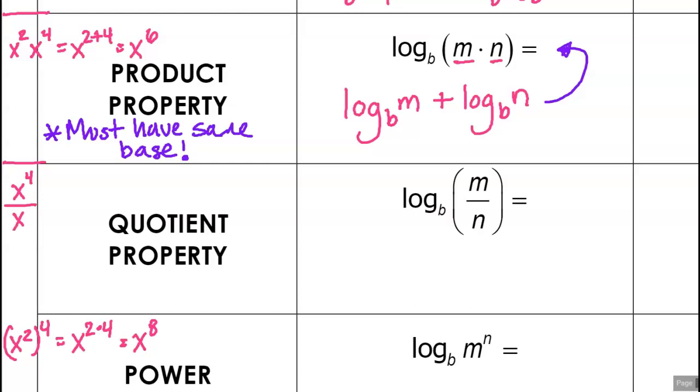Actually, I'm going to change that 4 to 5. There we go. Okay, so if you have an x to the fifth power over an x squared, what do you do to simplify this? What do you do with the exponent?